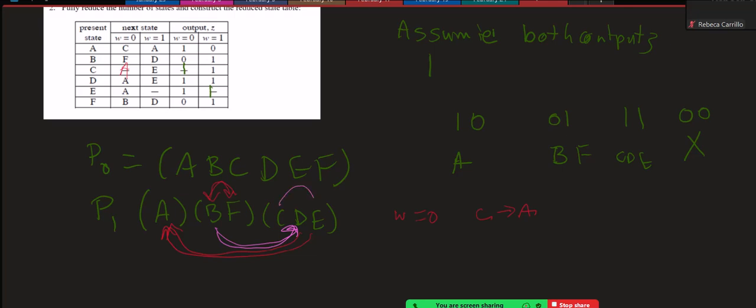C goes to E, D goes to E, and E, well, we can choose what we want, but we might as well let E go to E. And then everybody is in their own group, everybody's good. I don't have to do anything else.